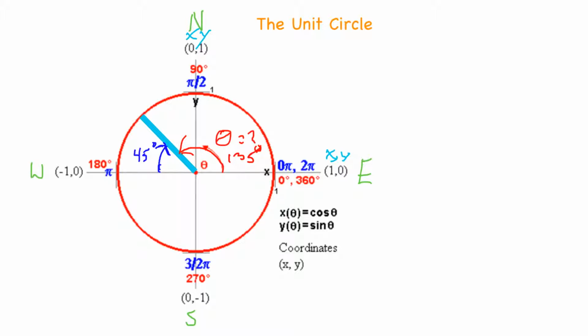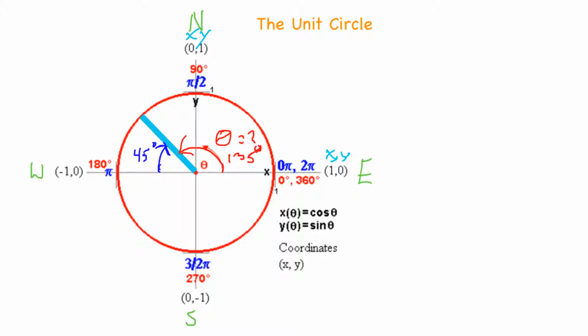Okay, now both of these angles here are valid ways to describe where that line is. We could say that this line is located 45 degrees away from 180, or we could say it's located 135 degrees away from 0, or if each one of these quadrants is equal to 90 degrees and this section here is 45, then that means that this section here is 45 also.